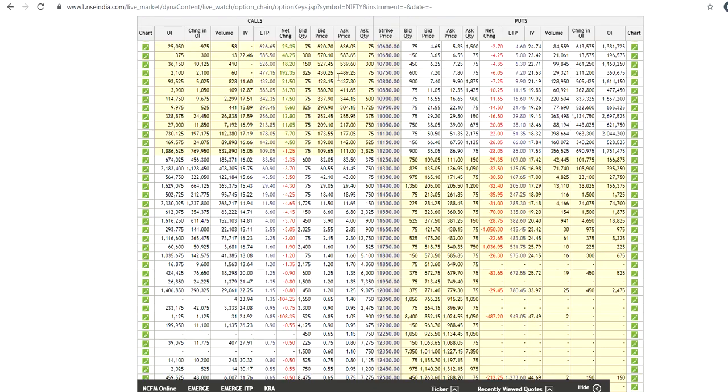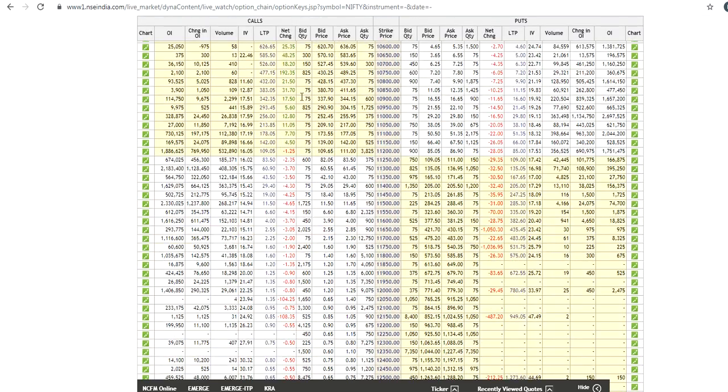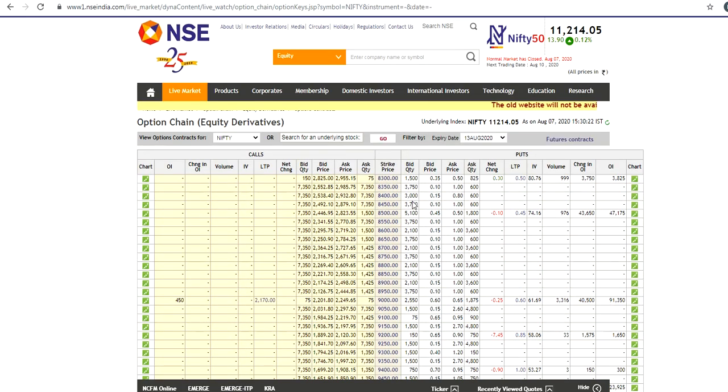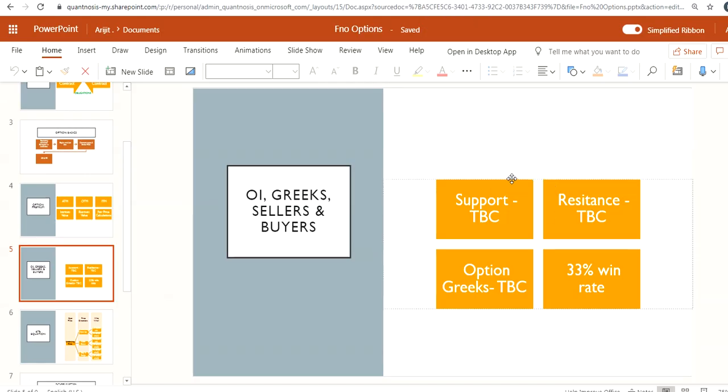This is called the option chain, which also gives us data about open interest and other things. We are going to talk about how to read the option chain and how to analyze the market based on the option chain, where I will include this topic, support and resistances.